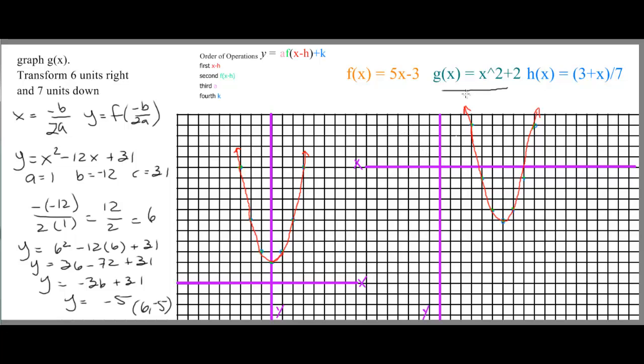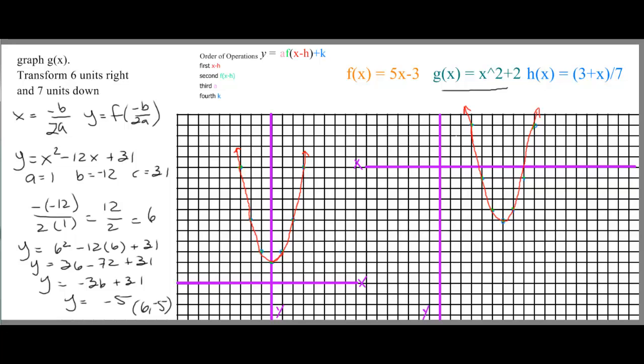Remember, it was over here in between our first and second quadrants, and we simply shifted it 6 to the right and 7 down. So now this is where our graph lies, over here in the first and fourth quadrants. So that is this particular part of the problem. Let's move on to our next.